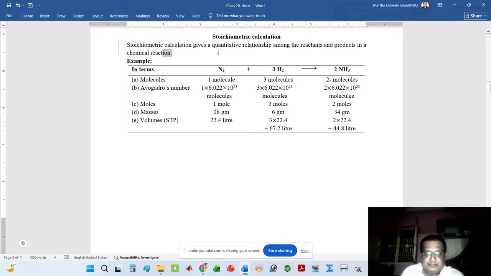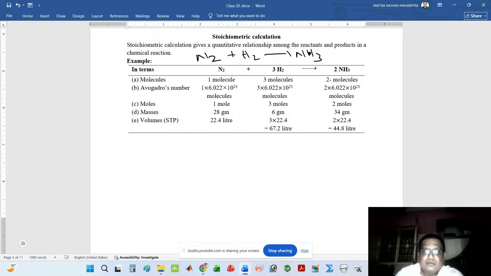Look at that. Suppose I think about a reaction: nitrogen reacts with hydrogen to give ammonia.